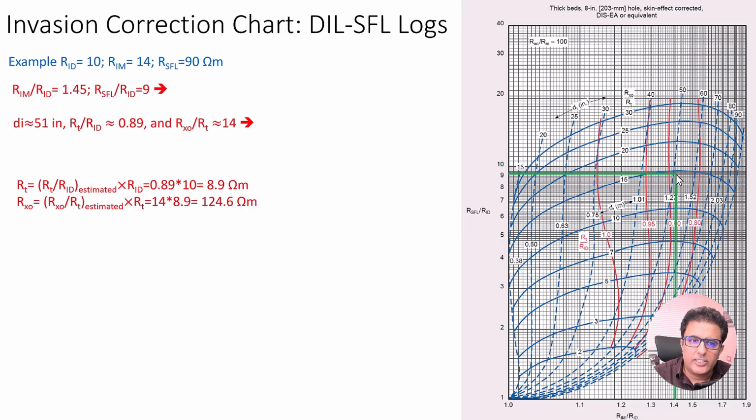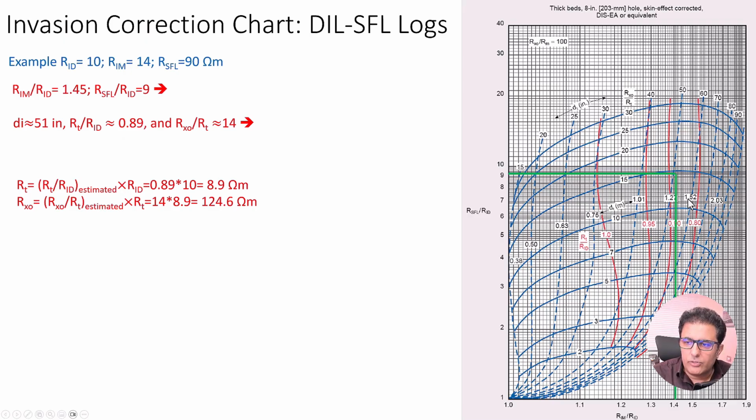The second thing that I should calculate is the ratio of RT over RID from the red curves. If you look at it here, you may notice that in this example, the RT over RID ratio is about 0.89.